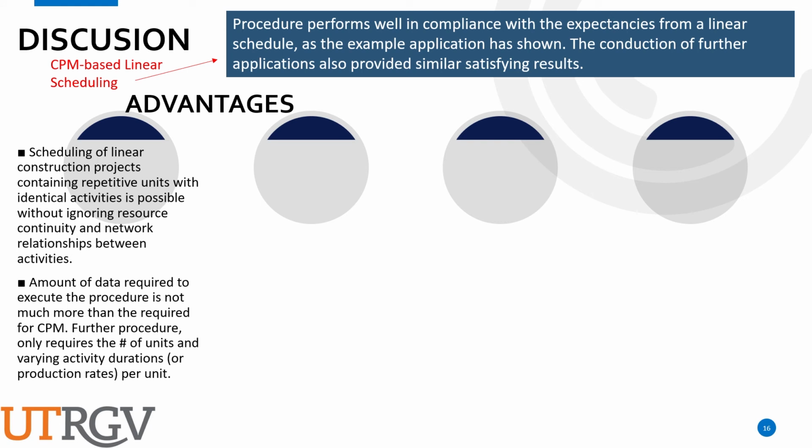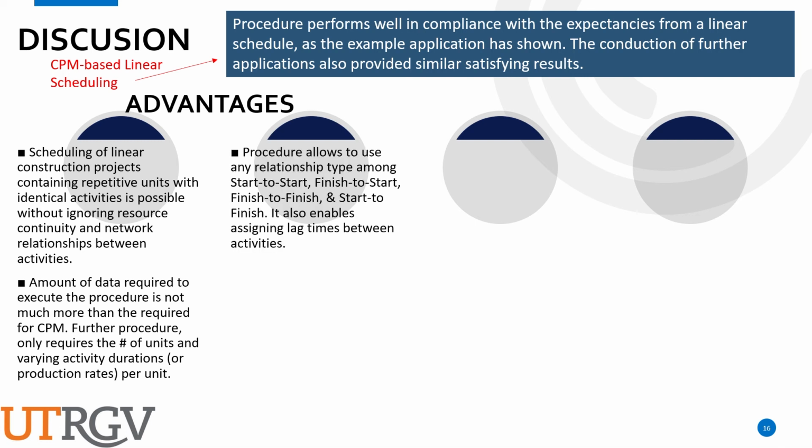So the advantage of linear scheduling is for construction projects that are constrained by repetitive units with identical activities. It is possible without ignoring resource continuity and network relationships between activities. The amount of data required to execute the procedure is not much different, CPM is not much more. Further, the procedure only requires the number of units and varying activity durations or production rates per unit.